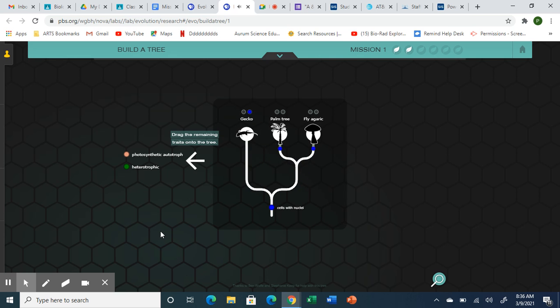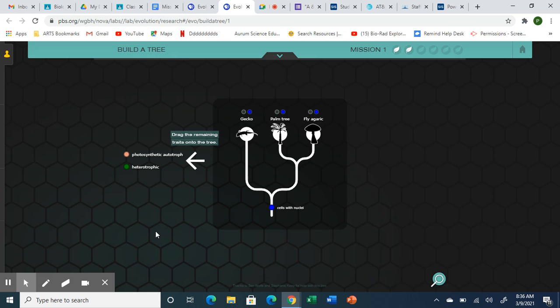What do they mean when they say, what do all 5 of the species have in common? Like which species? Where do I find the species at? Well, the gecko, the palm tree, the mushroom, each one is a species.